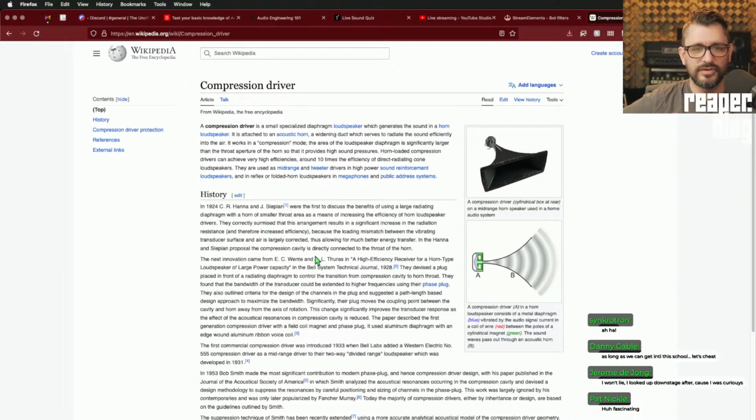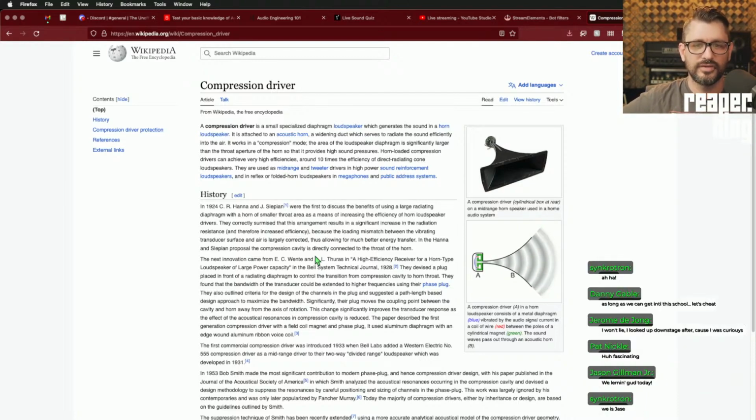Now I remember hearing that term. Horn-loaded compression drivers can achieve very high efficiencies, around 10 times the efficiency of direct radiating cone loudspeakers. They're used in mid-range and tweeter drivers in high-power sound reinforcement loudspeakers and in reflex or folded horn loudspeakers in megaphones and public address systems.